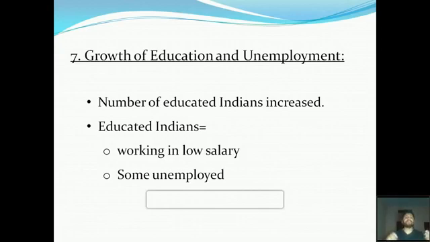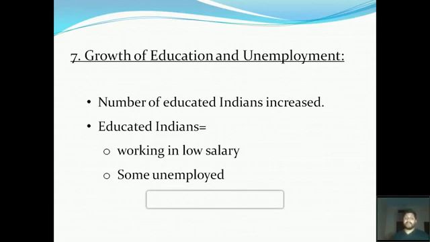So they could provide different services to society. They were actually doing it, and this number of educated people who were unemployed were contributing their maximum to society. So it was a big threat for the British, and it is another reason behind the rise of assertive nationalism in India.